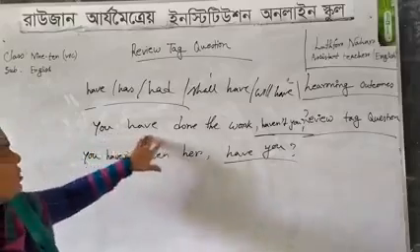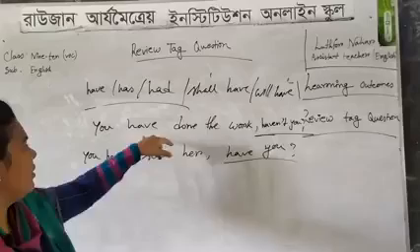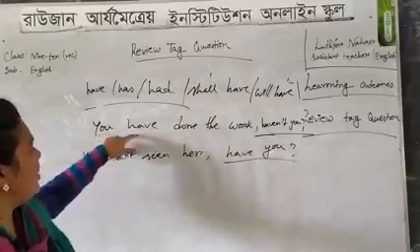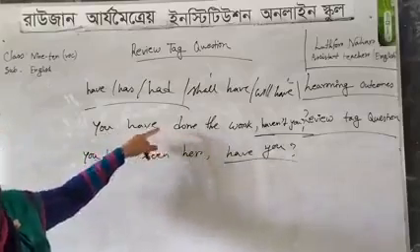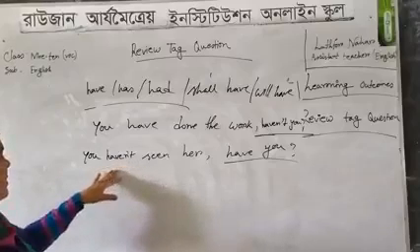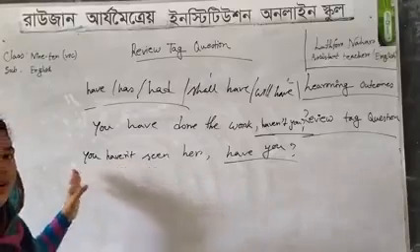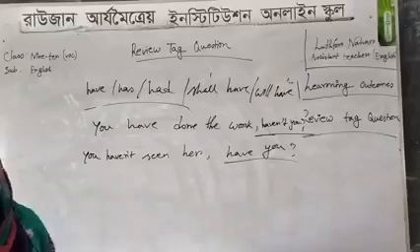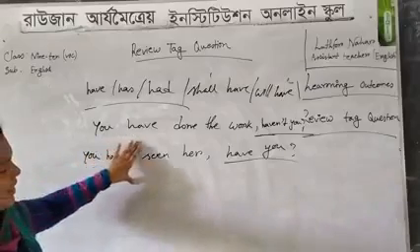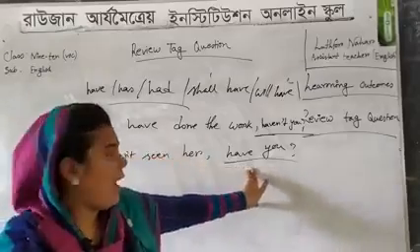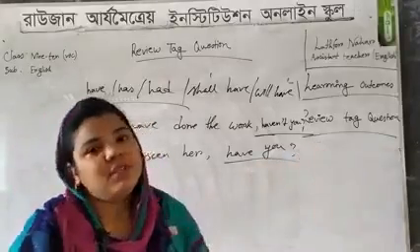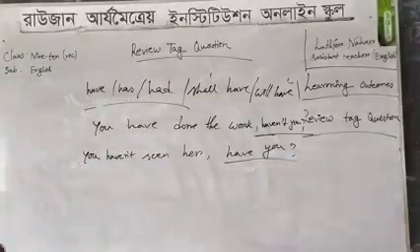In a positive statement, we use haven't in place of the have auxiliary verb. And as the statement is negative, with have not already mentioned in it, we use have you, a positive tag.